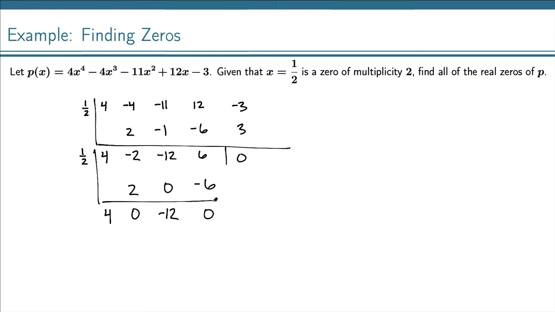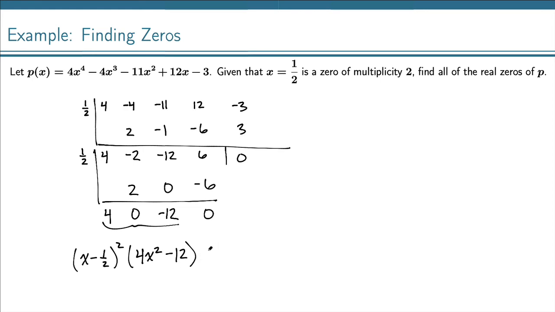Now, what we've arrived at is that x minus 1/2 is a factor twice, and these are the coefficients of what's left. Now, we've done this twice, which means our degree drops by 2. So now we've got 4x squared plus 0x and then minus 12.